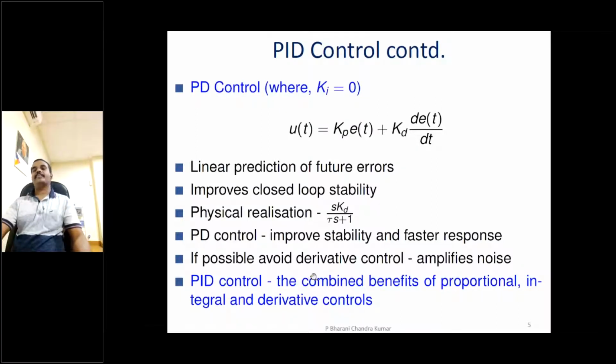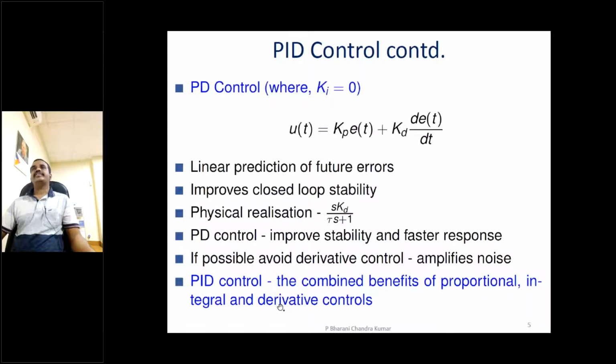So the PID controller combines the benefits of proportional, that means improved rise time, integral, steady state error to 0, and derivative, improved stability. If I use all these three controls in tandem, then I will have the benefits of the individual controls. So for proportional control, improved rise time; integral control, the steady state error will go to zero; and derivative control, improved closed loop stability.